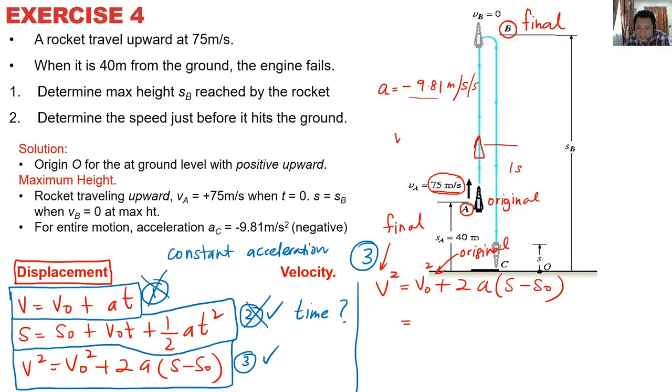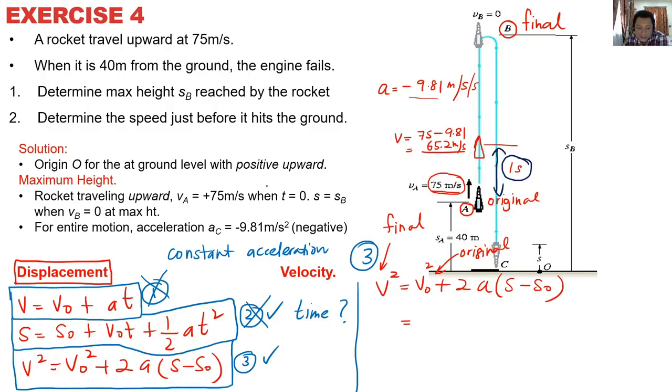So velocity here becomes 75 minus 9.81. So how much? 75 minus 9.81, 65.2 meters per second. This is after 1 second of travel.